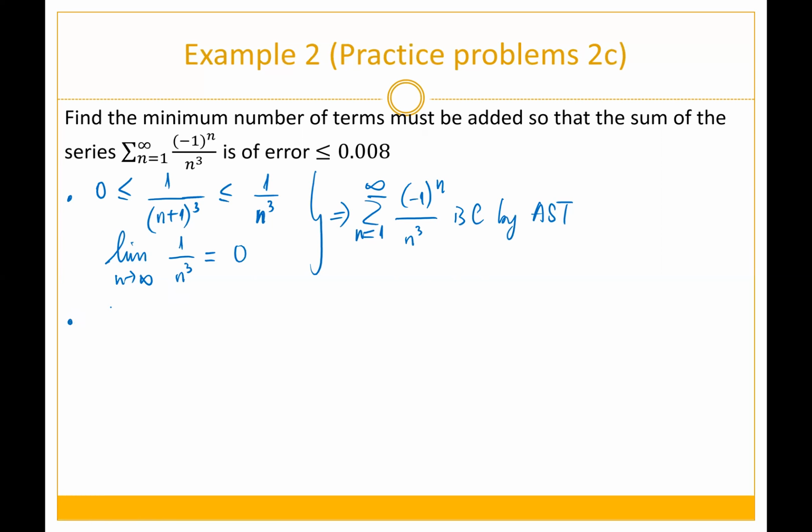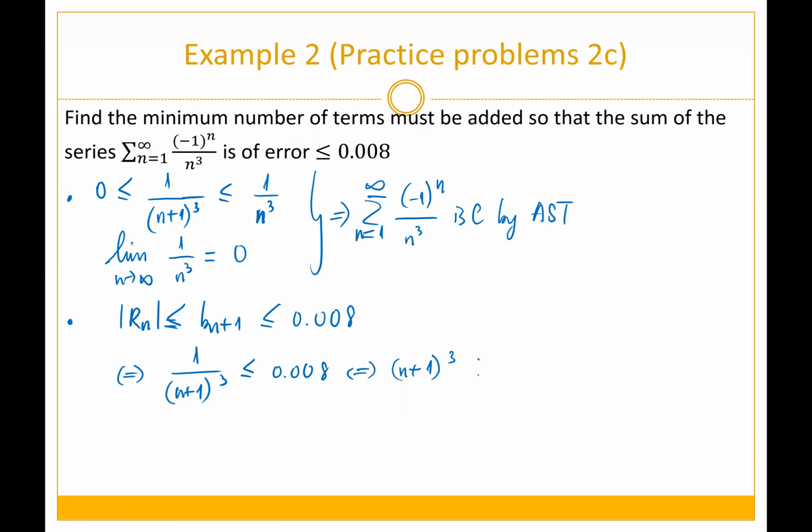Now you want to use the estimation theorem. You're going to have the error is smaller than or equal to b_(n+1), smaller than or equal to 0.008. So then you have 1 over (n plus 1) cubed is smaller than that. Or you have (n plus 1) cubed is bigger than or equal to 5 cubed, which is 125.